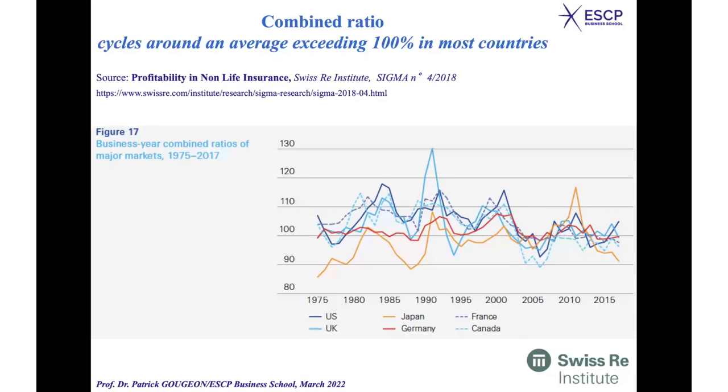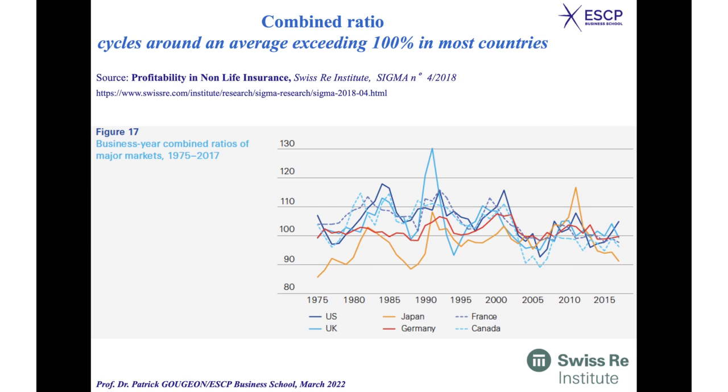It's a good reading, which I will recommend for you after. Sigma is published regularly by a large company called Swiss Re, which I already mentioned, one of the biggest reinsurance companies, and it's an analysis of the profitability in non-life insurance. So it's totally in line with our topic today.